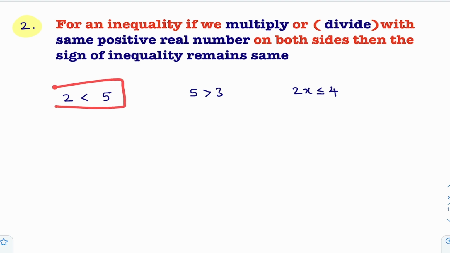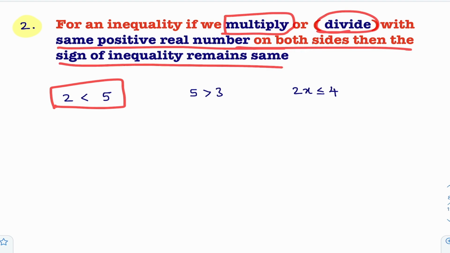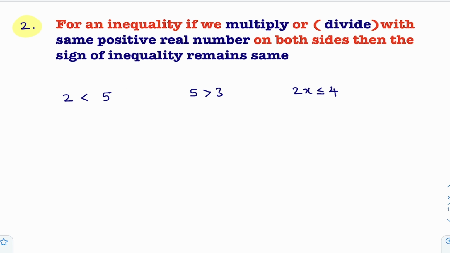I hope you are understanding. See, this is one inequality. For this inequality, you can add any real number on both sides, or subtract any real number on both sides, and the sign of inequality remains the same. That is rule number 1.